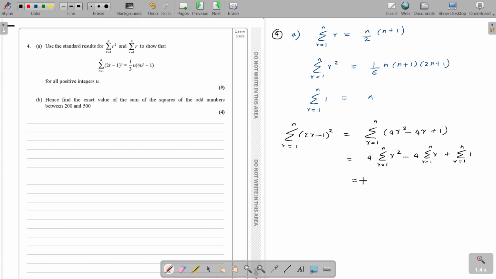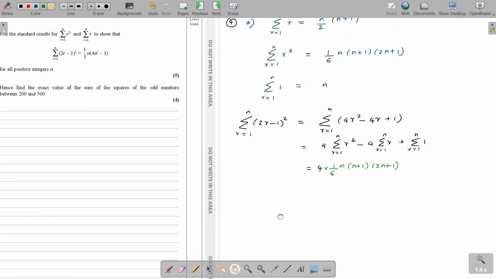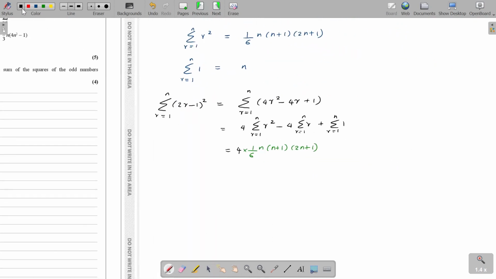Okay, so 4 times summation r square answer is 1 over 6n times (n plus 1) times (2n plus 1). Minus 4 times summation r is n over 2 times (n plus 1), plus summation of 1 is n.